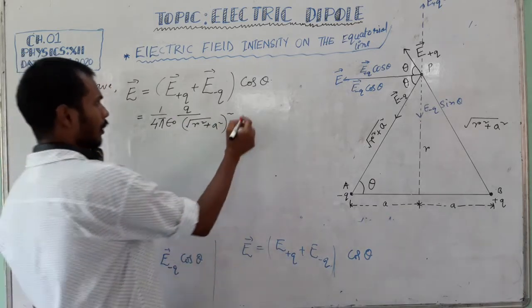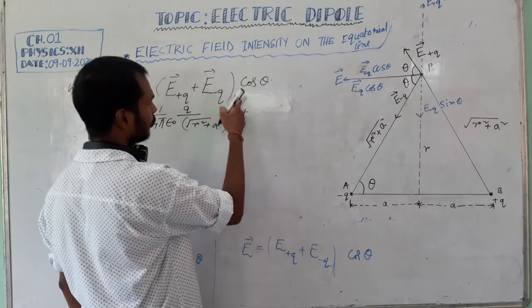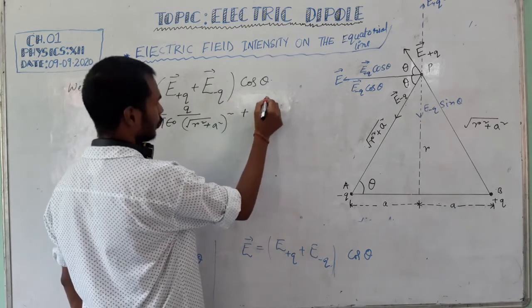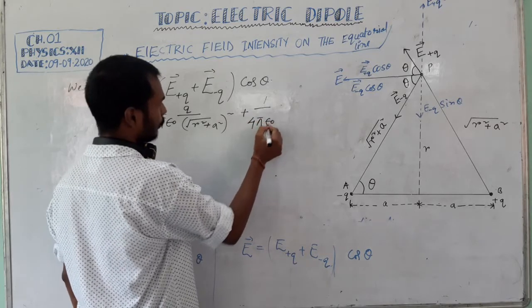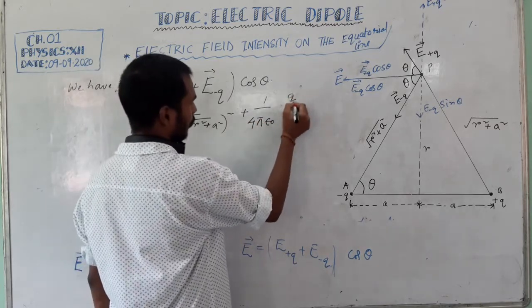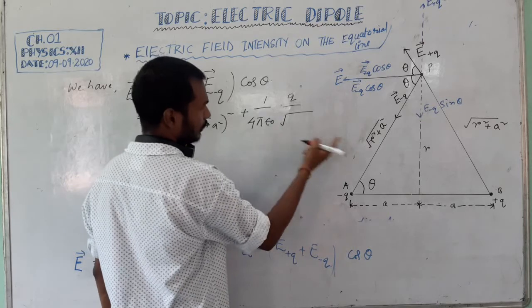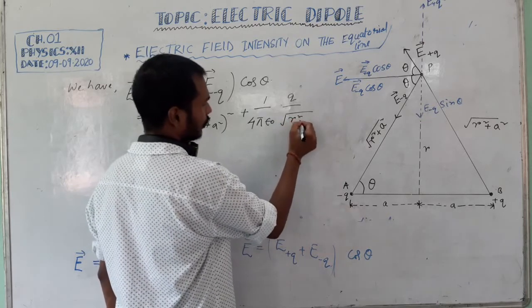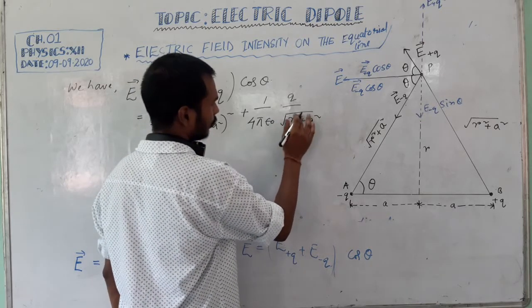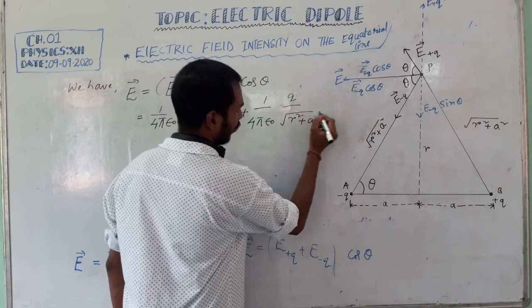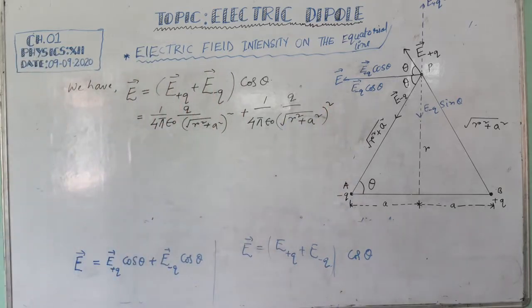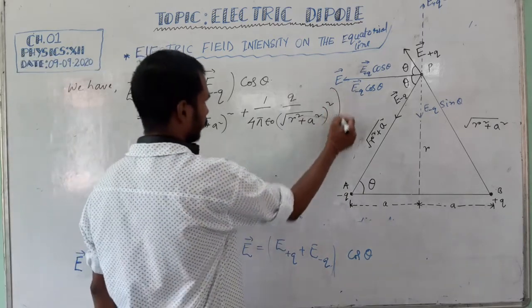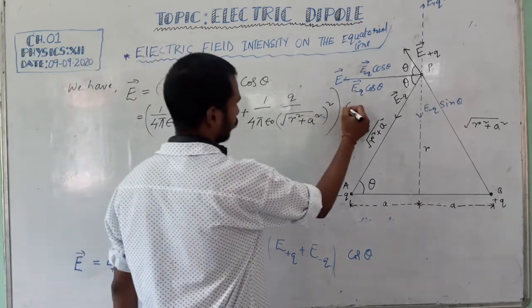Getting my point? Plus again, E minus Q, also equal to, we write only the magnitude, 1 by 4 pi epsilon naught Q by root over r square plus a square, whole square. This is the distance squared. And cos theta. This is one term, cos theta.